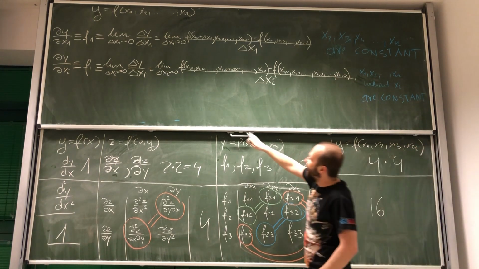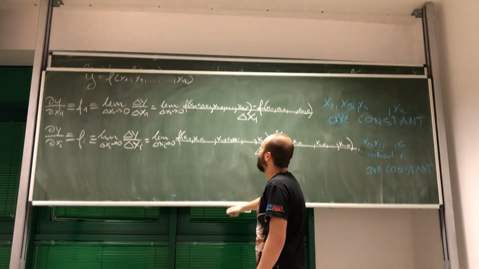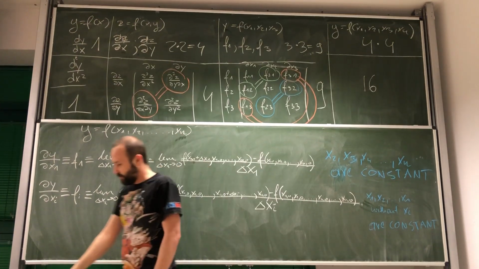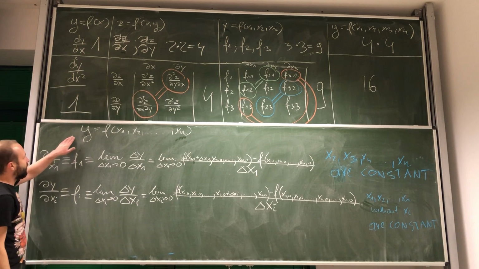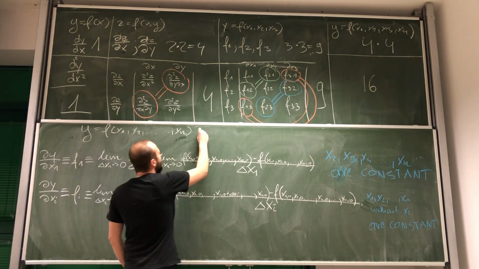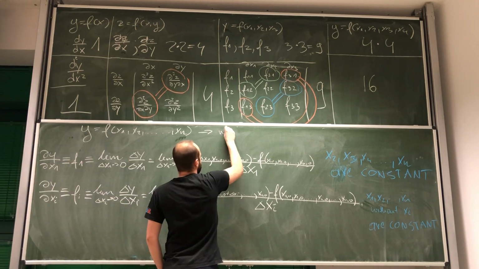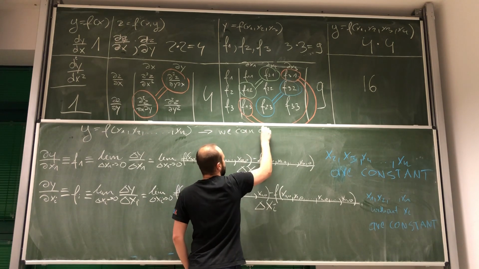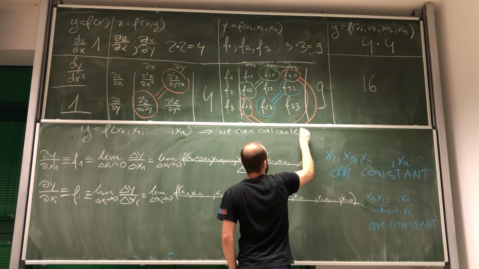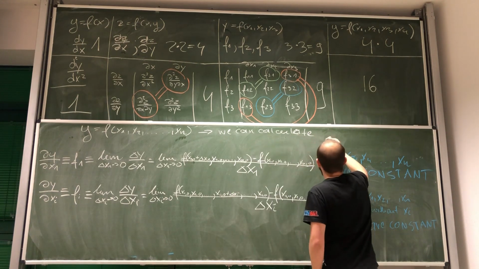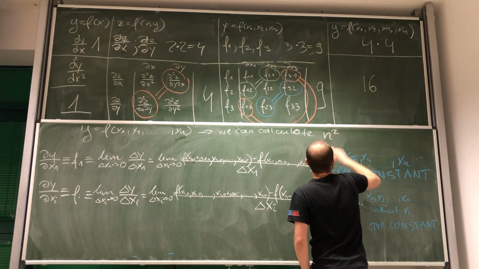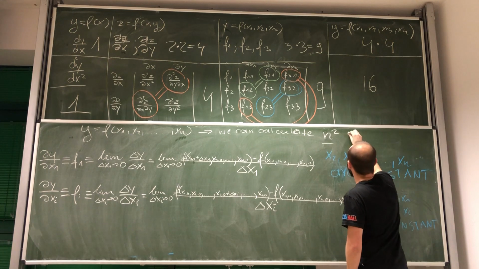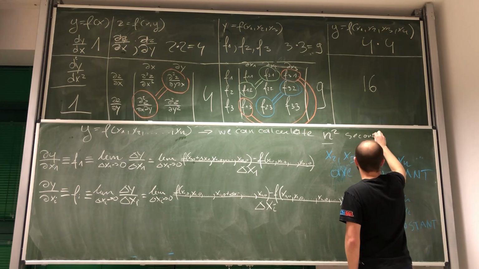So look, in our case, when we have a function of n variables, we can calculate a total of n to the power of 2 second derivatives.